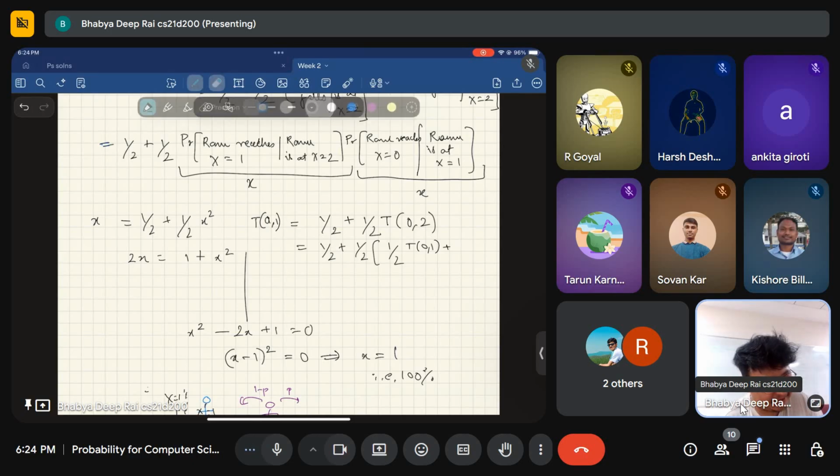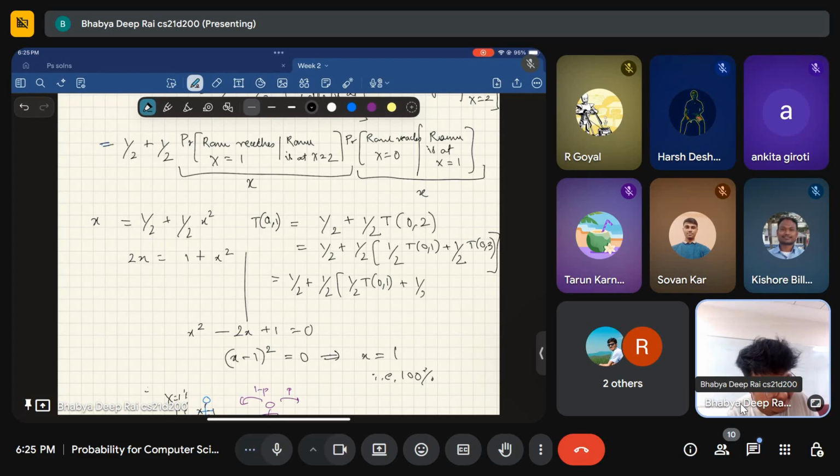He moves right with half probability, and then t of 0 comma 3, right? So this will infinitely happen, which is equal to half plus half times half of t of 0 comma 1. This part will repeat, the recurrence will repeat, plus now you will have an infinite sequence on this side.